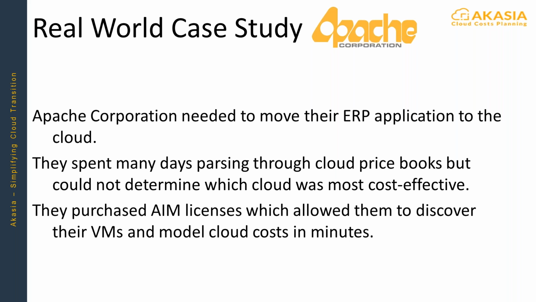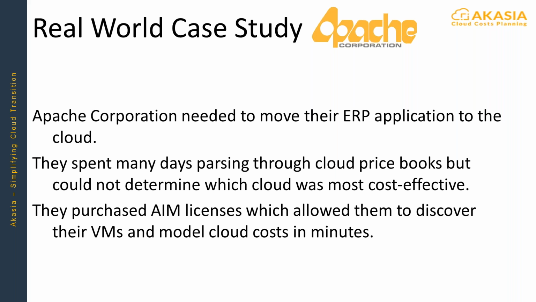So we worked with him. He bought our licenses. We discovered his environment, which was over 1,600 virtual machines. And then he did some modeling, and he finally started to pay more and more attention to Amazon for many reasons. One being that Amazon's costing appeared to be really attractive.